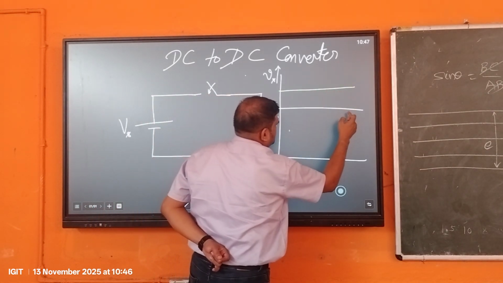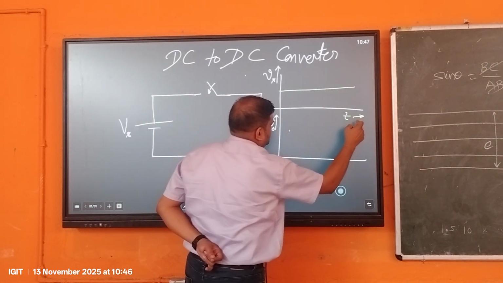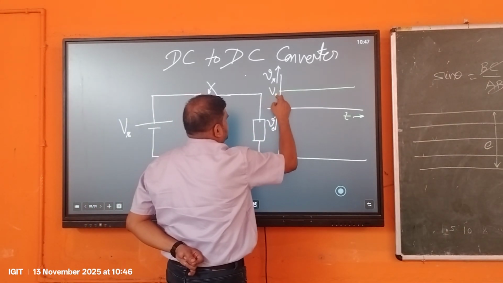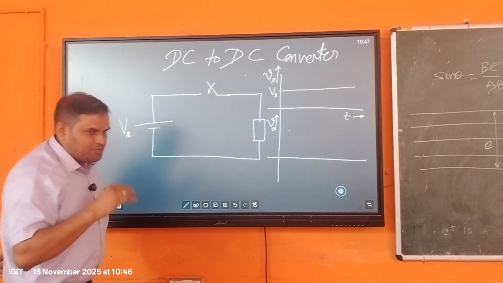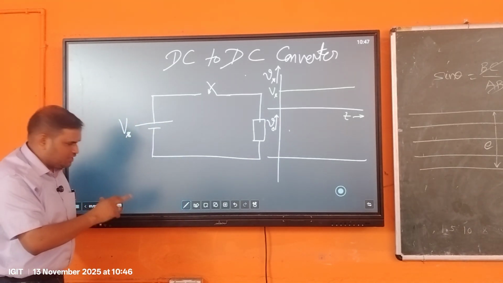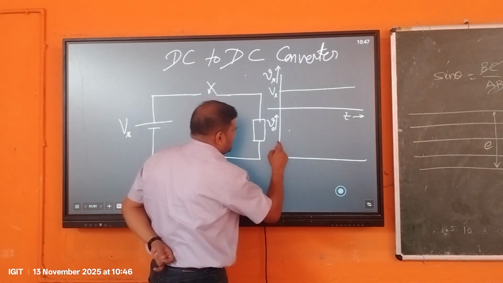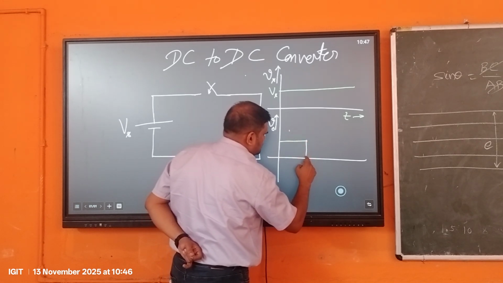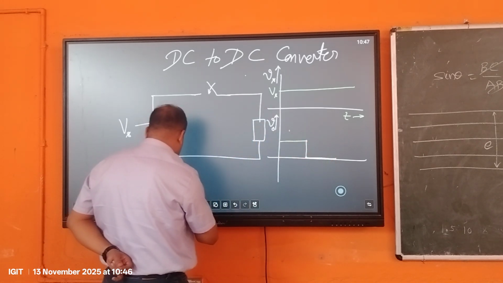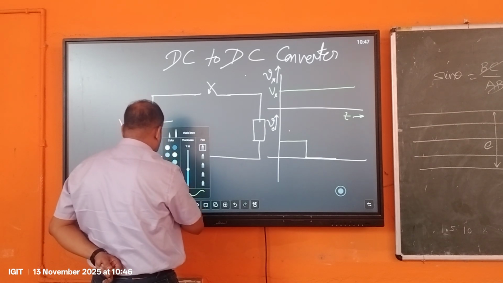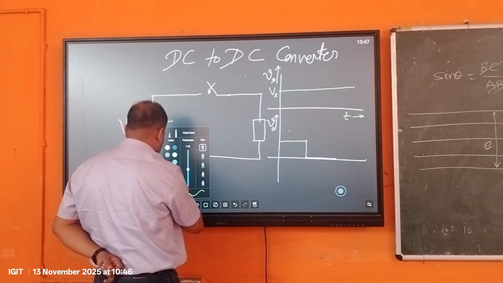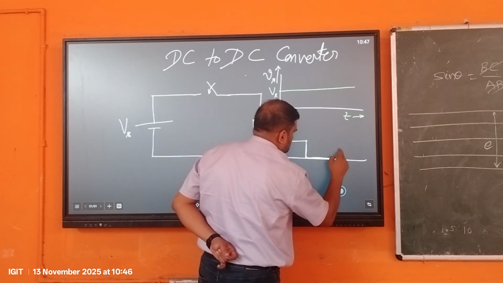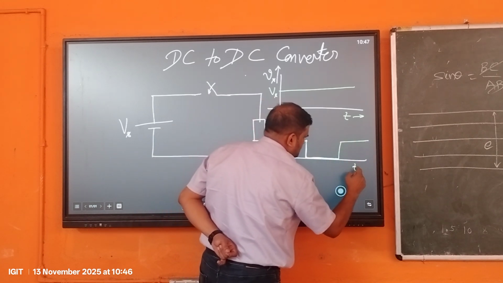The input voltage with respect to time has magnitude capital Vs. The output voltage when the switch is on will obviously be the same as Vs. After that it will be 0, and then again it will go on like this.